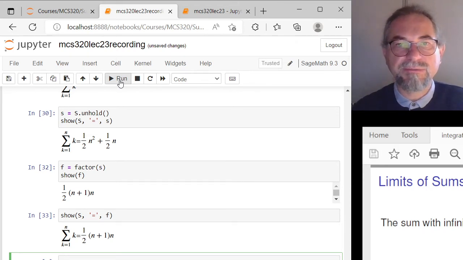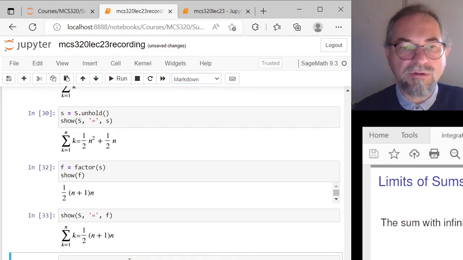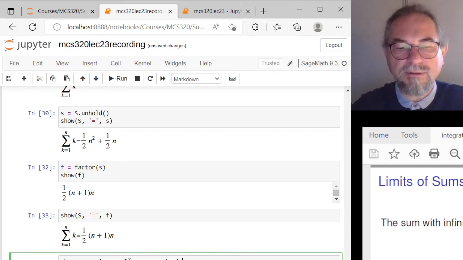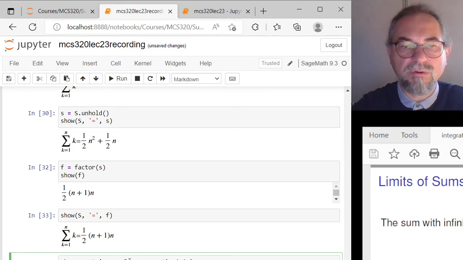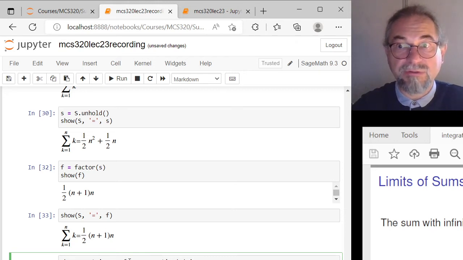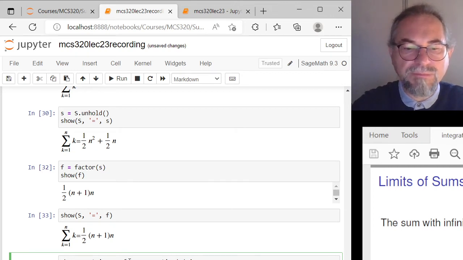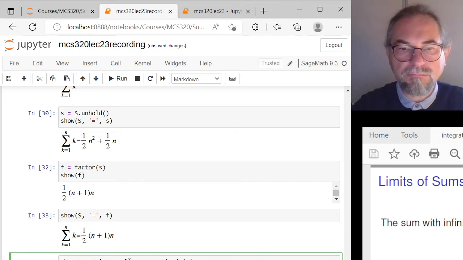The other summation that we looked at was the geometric sum. So the geometric sum is, for some ratio r, defined by the following expression. Now I let the index k go from 0, so we start with 1, r to the power 0, so I go from 0 to n.